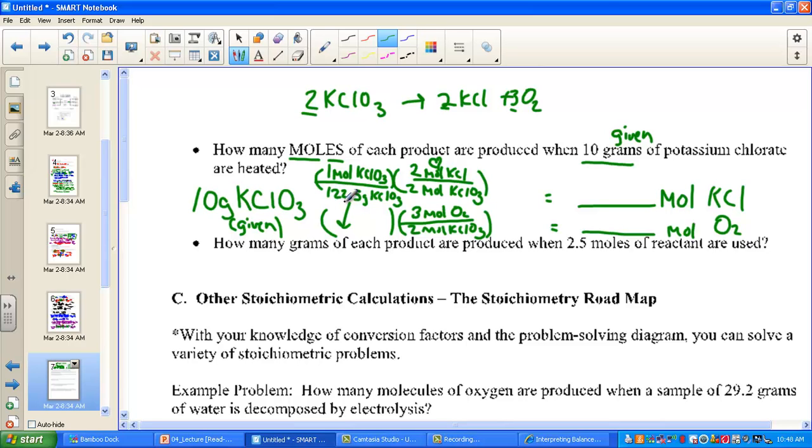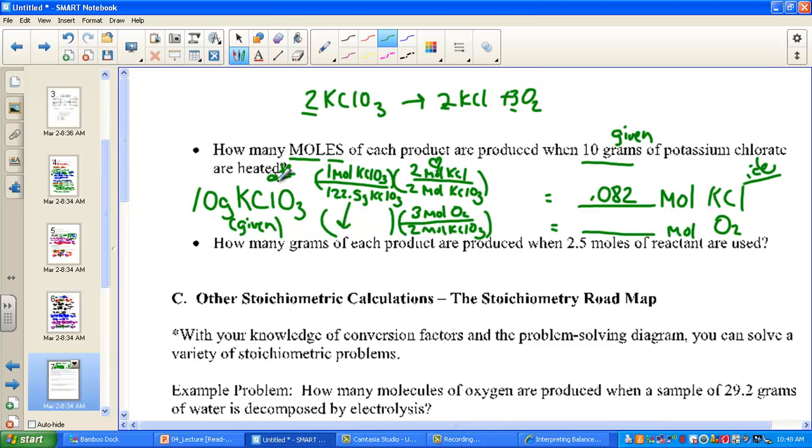Let me hit for the first problem. 10 grams of our reactant, potassium chlorate, divided by its molar mass of 122.5 times 2 over 2 gives me a calculated value of 0.0816 moles of potassium chloride, sorry, that's the IDE over here.